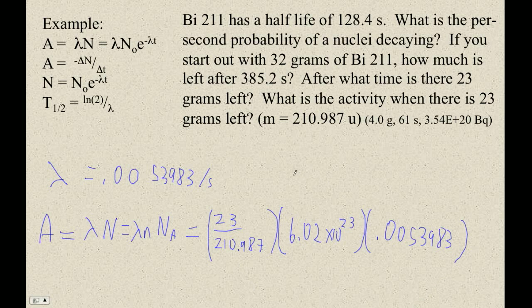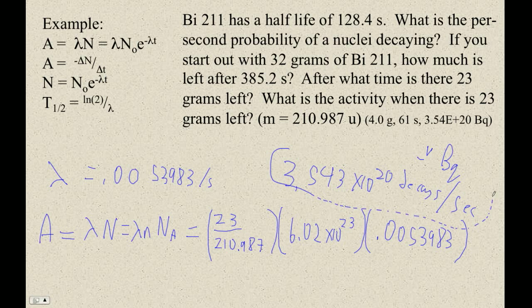Okay, and I get that this is 3.543 times 10 to the 20th decays per second, right? Which is, by the way, a decay per second is a becquerel, as in Antoine Henri Becquerel. Yay. All right, there you go. Happy exponentialing.